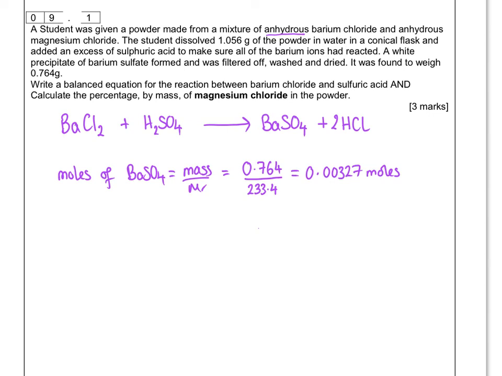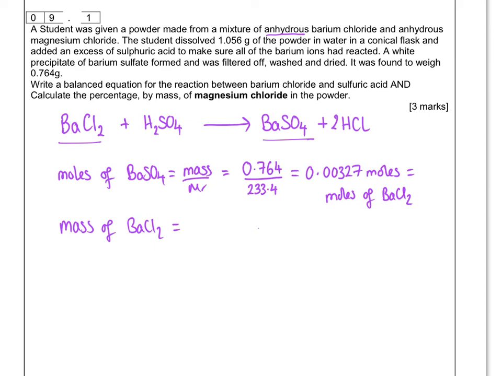Okay, from the equation, 1 mole of this comes from 1 mole of that. So this is also going to be equal to the moles of barium chloride. So we can now work out the mass of barium chloride in the original sample.